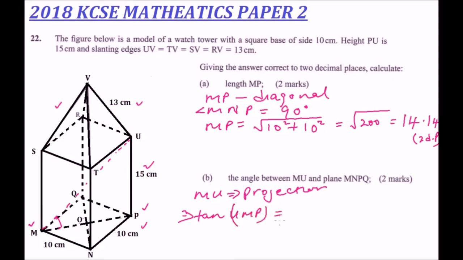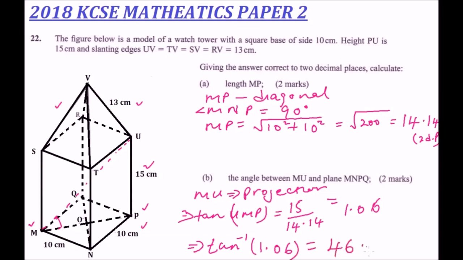tan UMP is equals to 15, that is this length, this is the height, and we had calculated MP above, so it is 14.14, and using a calculator you get it is 1.06, implying that tan inverse of 1.06 is equals to, the angle is 46.69 degrees.